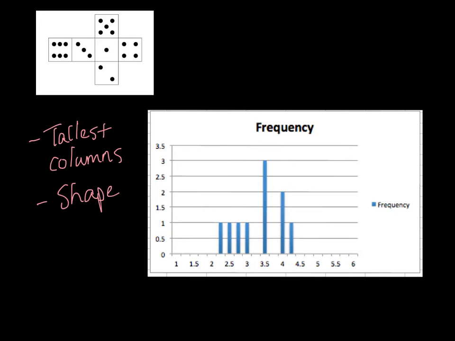The shape is hard to tell at the moment with this graph, but I can at least answer which columns are the tallest. I have 3 samples that have an average of 3.5, so that was my tallest column. And then my second tallest column is 4, so I have 2 samples that have an average of 4. And the remaining 5 samples are spread out.